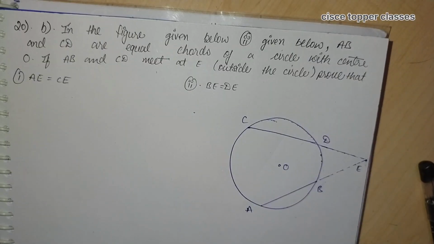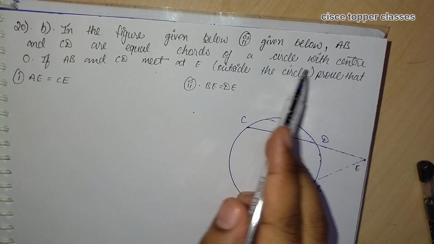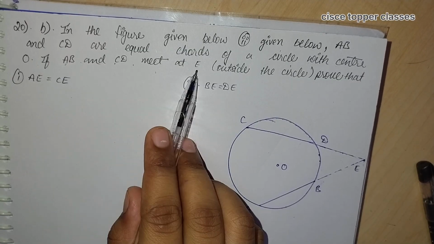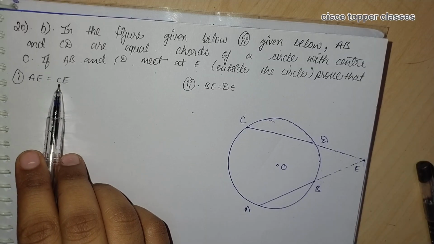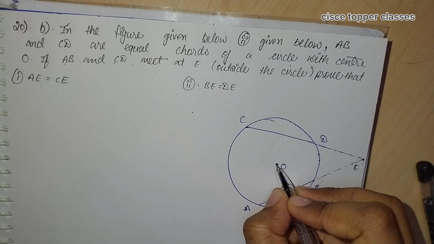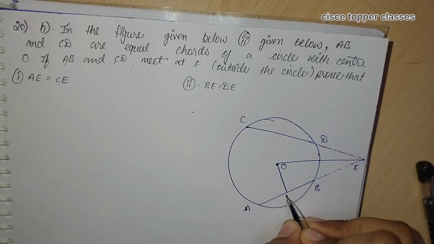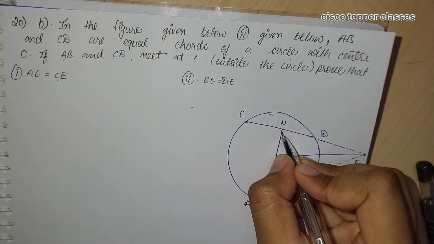Now let us solve the 22nd part. In the figure given below, AB and CD are equal chords of a circle with center O. If AB and CD meet at E outside the circle, then prove that AE is equal to CE. For proving this, firstly we will join OE and draw perpendiculars OM and ON.